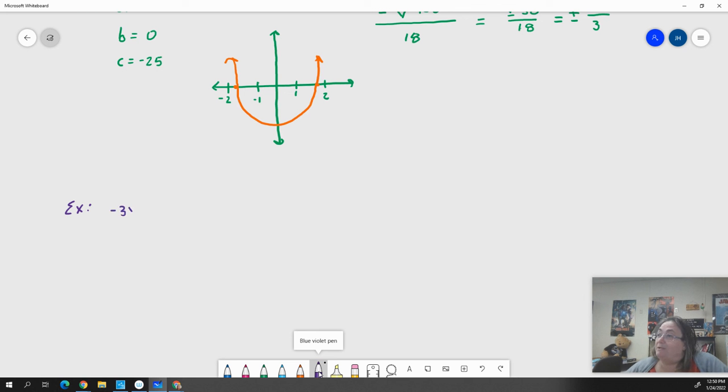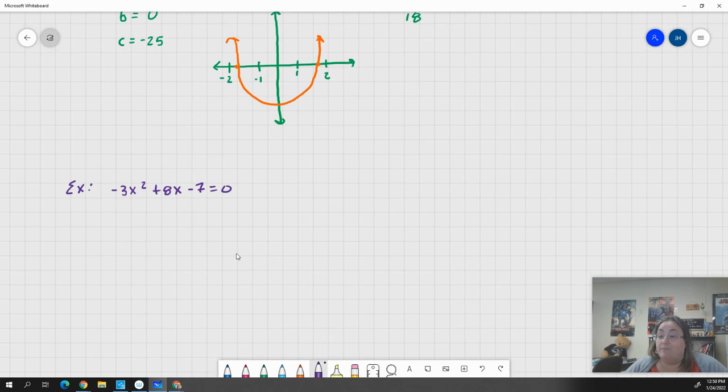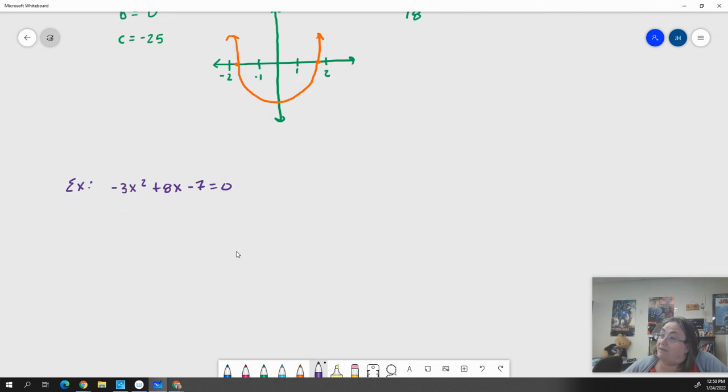So I'm going to go with minus 3x squared plus 8x minus 7 equals 0. We are already in the standard form of this equation. We're already set equal to 0. And so we're going to identify our A, B, and C. Our A is -3.